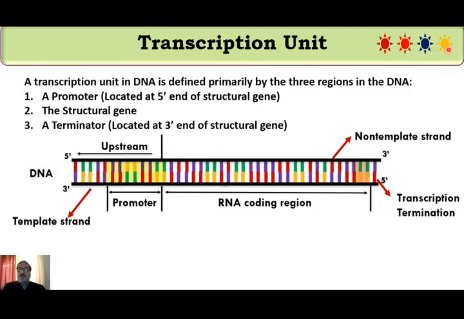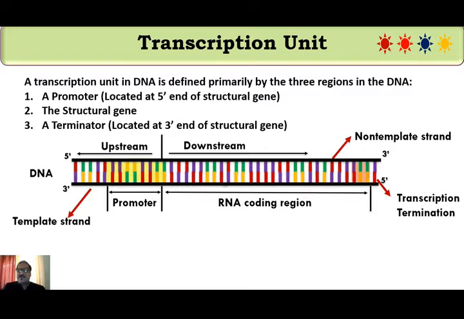Now the part of the DNA molecule towards the left side from the first nucleotide to be synthesized, we call this end the upstream end. And from the first nucleotide that will be synthesized on mRNA till the termination, this end we call the downstream end.